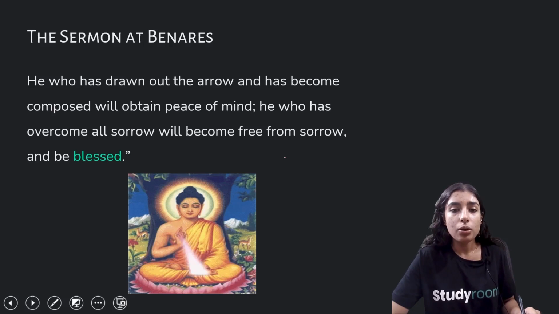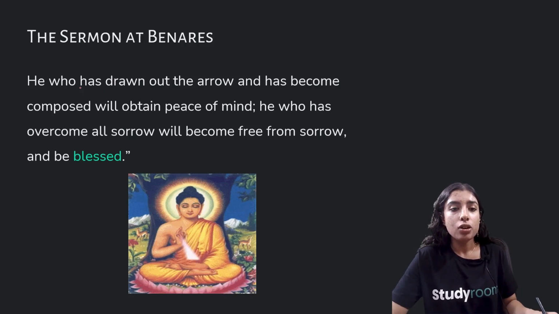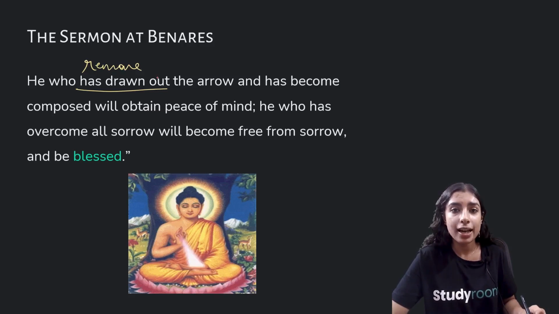He who has drawn out the arrow of lamentation, grief, regret, and has become composed will obtain peace of mind. He who has overcome all sorrow will become free from sorrow and be blessed. So, somebody who removes the very option and the very state of regret, of grieving, of becoming sad or crying, will obtain a certain peace of mind and be happy with their life and the life of others.